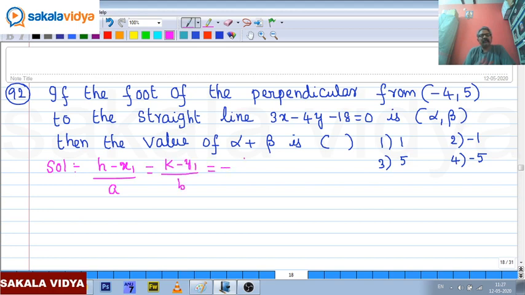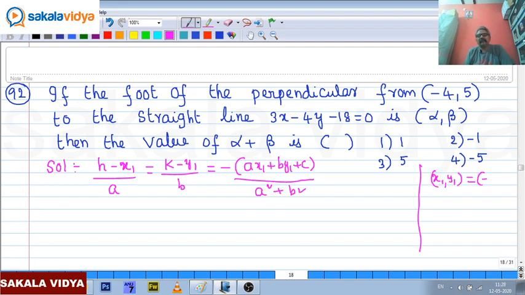This is important. Minus (a x1 plus b y1 plus c) upon a square plus b square. Here x1 comma y1 is minus 4 comma 5. The line is 3x minus 4y minus 18 is equal to 0.